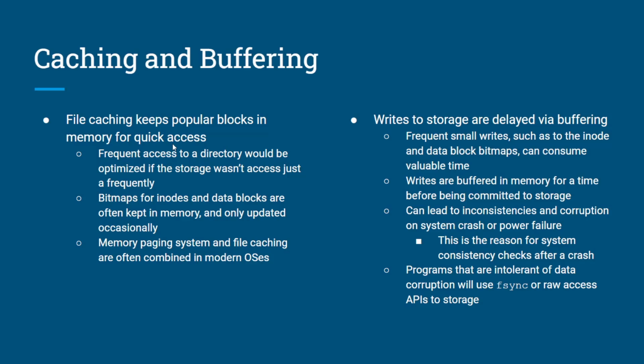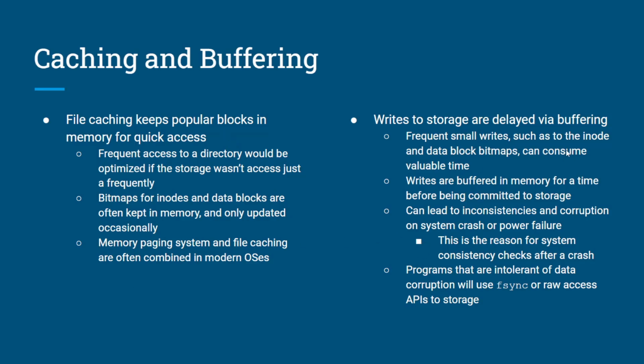We find that memory paging systems and file caching are often combined within the modern operating system, so that whenever caching of files needs to happen, the memory paging system can do so quickly, in order to maintain the memory paging system and make sure there's not a lot of blocks or memory pages that need to be unloaded and reloaded whenever memory gets filled up. Caching is making sure blocks are in memory so they can be quickly accessed.